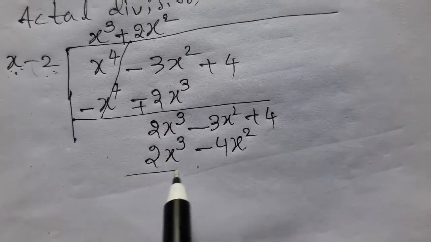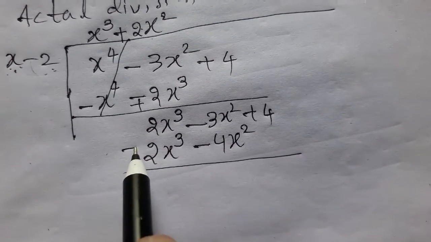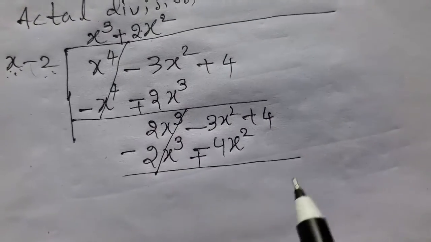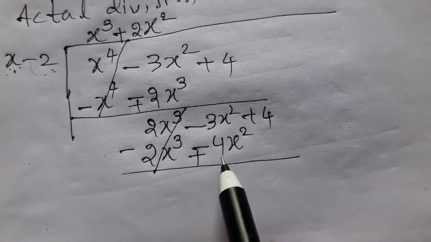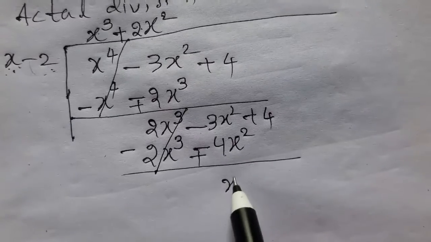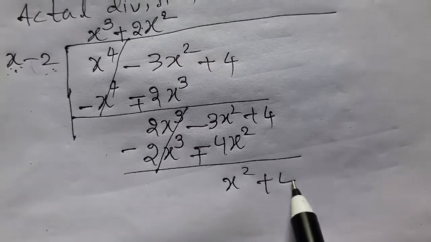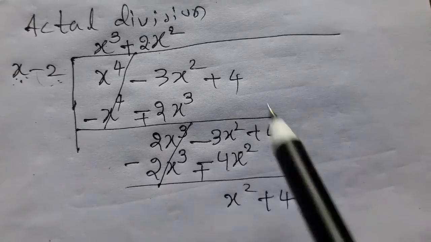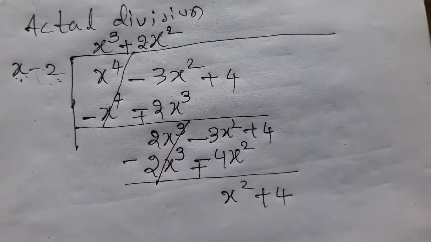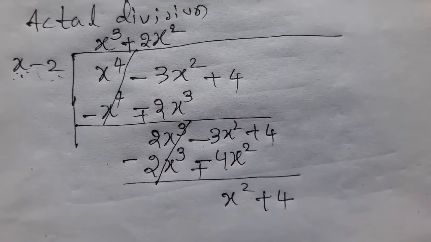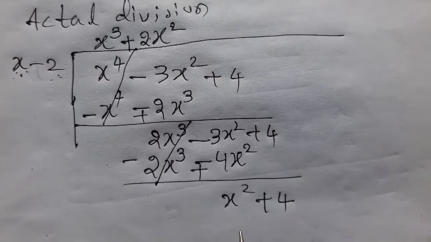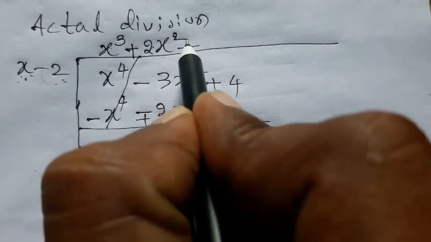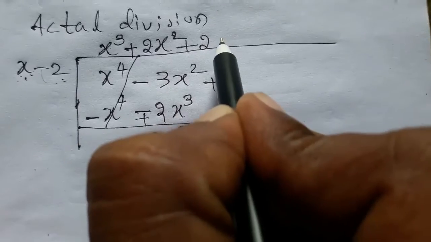Now, see, change the sign. Here minus, here plus, isn't it? Now this is cancel. What is left? Only x square. Next, plus 4 is left. Now, what do we want here? x square, isn't it? We want x square.